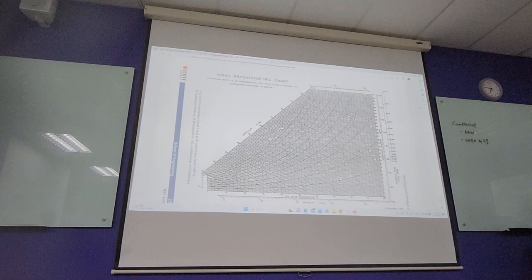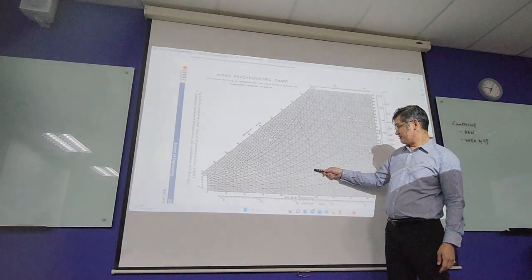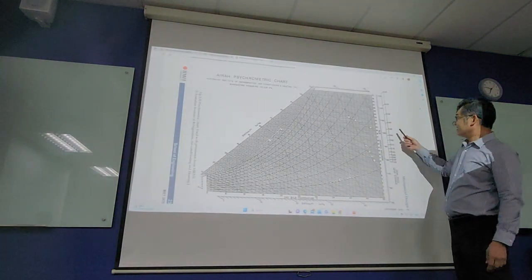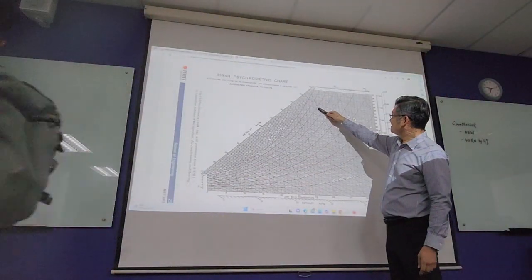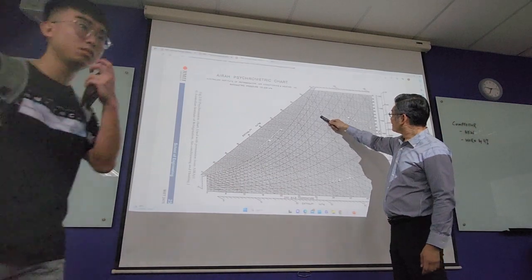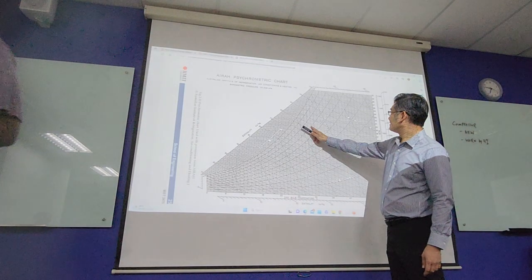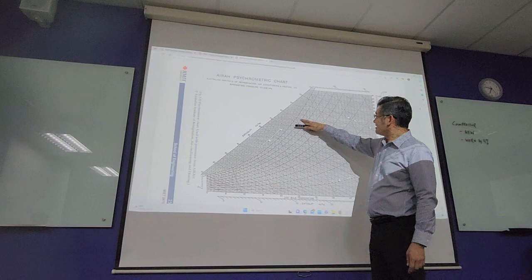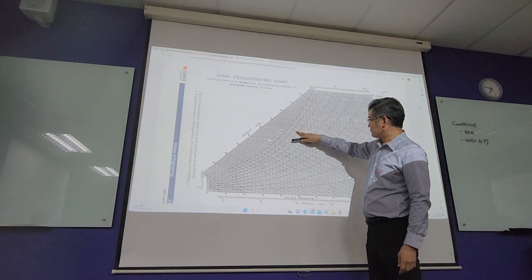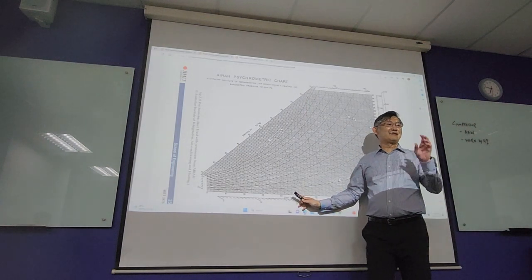You have this 30 degrees, so if we draw a line, this is 30 degrees, then 78% is between 60 and 80, nearly here. If you draw a line to 100%, then bring it down, this is about 24 degrees Celsius.